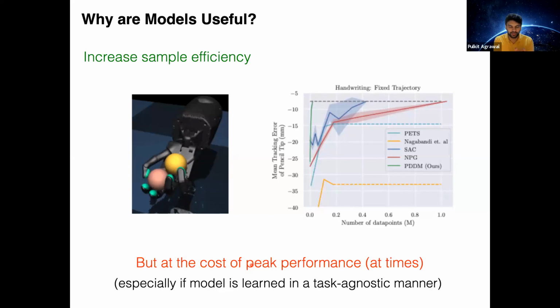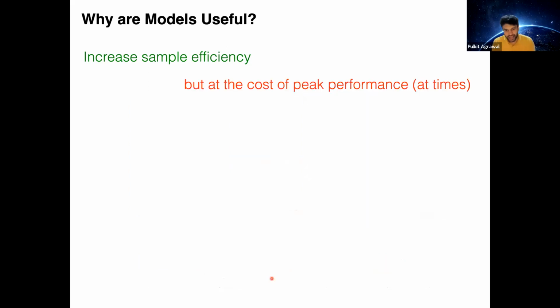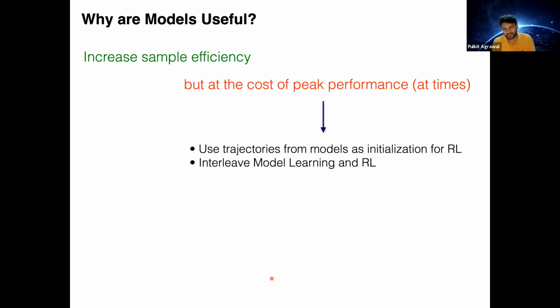For example, there could be only a very narrow chunk of the state space that I need to model. If I model that very well, I can solve the task, but I don't care about other parts of the state space. This would be an issue if the model is learned in a task-agnostic way, and that's why we could have this loss in peak performance.